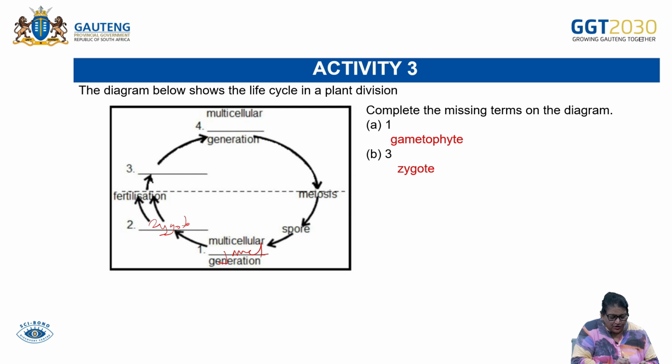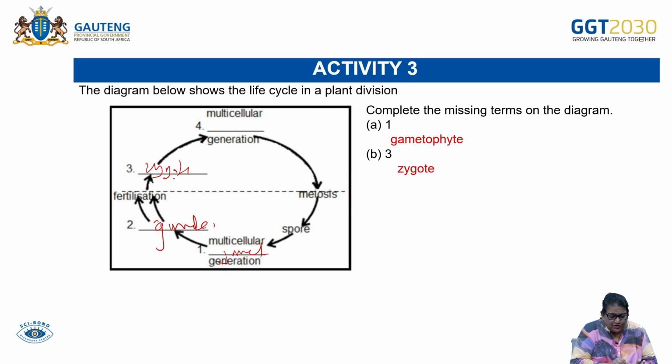The multicellular gametophyte generation is going to produce gametes. The gametes will come together for fertilization. Then from fertilization, you're going to form a zygote. That's why number 3 is a zygote.